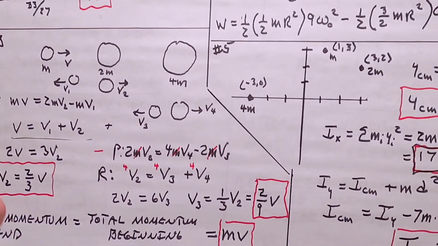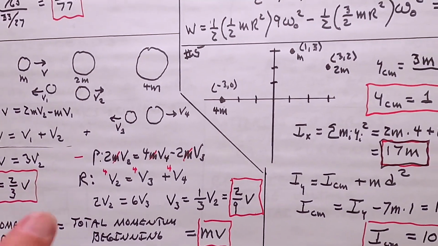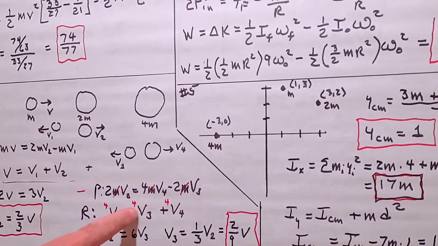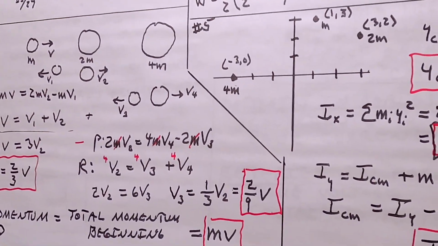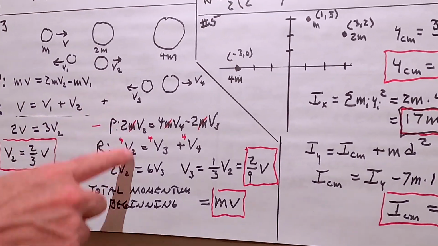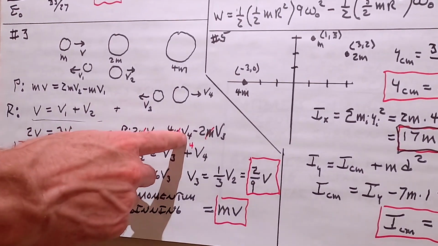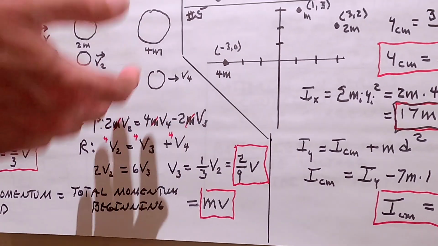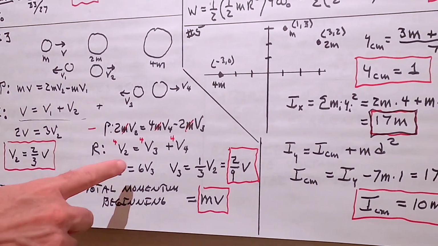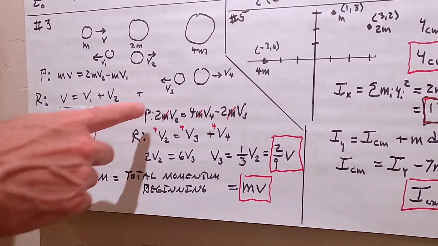Now I wanted to get rid of the v4, so I figured the easiest way is I'm going to multiply this equation by 4, everything, and then just subtract these equations. Why? Because if I take the 4v4 and I subtract off this 4v4, I get no v4s, and that's what I want to do. So we'll take the bottom one and subtract off the top one.